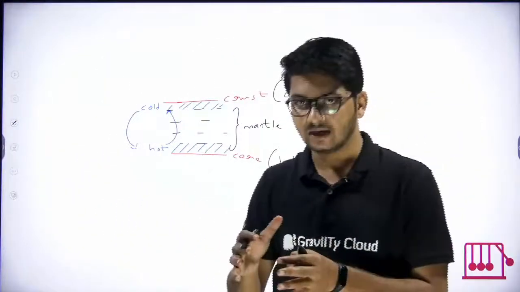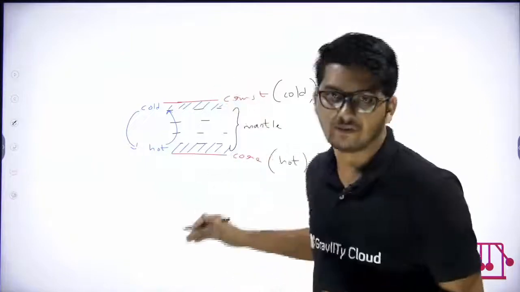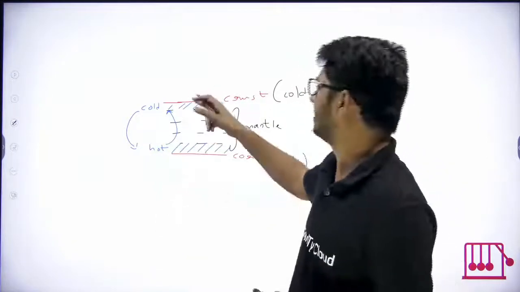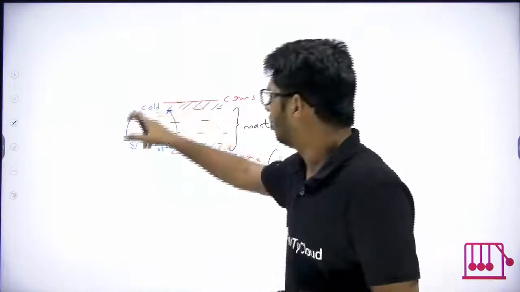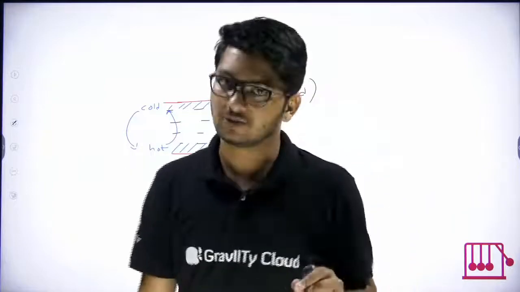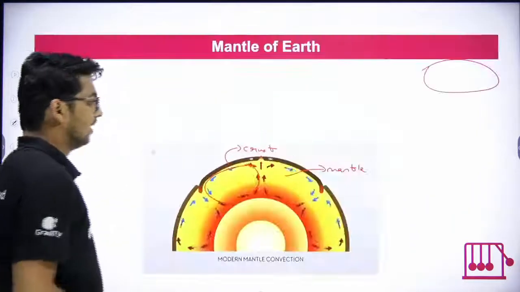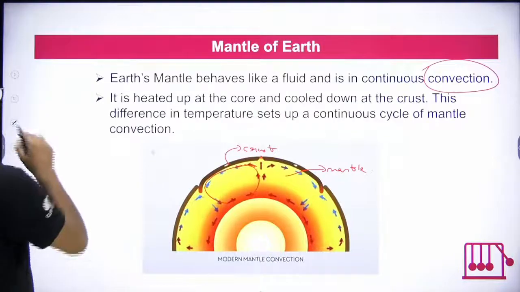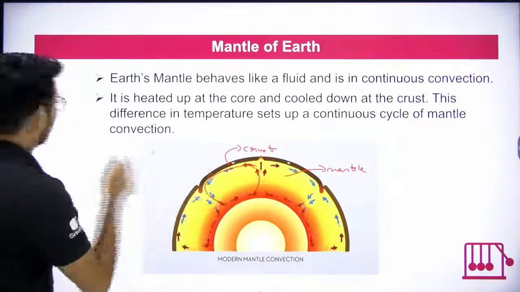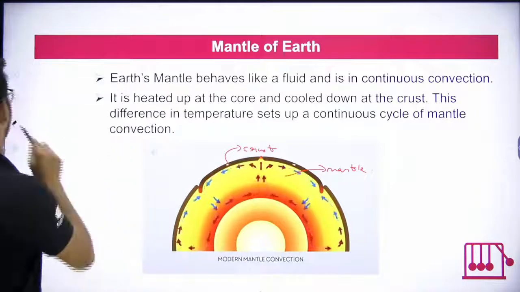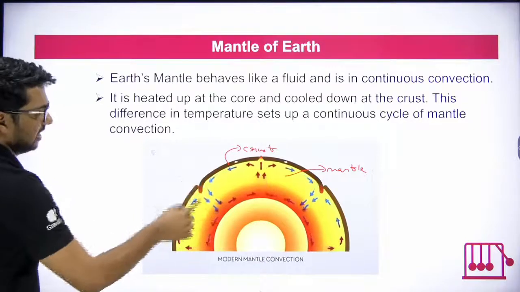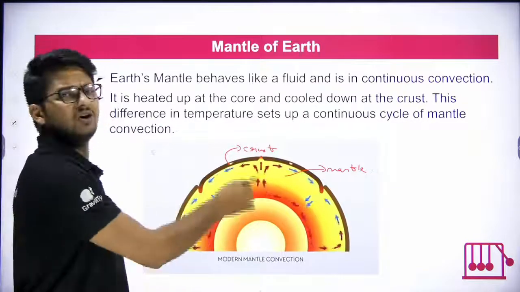If at the bottom you have hot liquid and at the top cold liquid, cold liquid comes down and hot liquid goes up. The same thing is happening here. You can see the cycle, and it keeps on repeating.